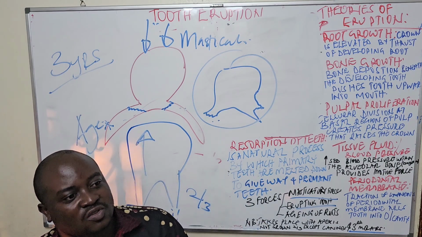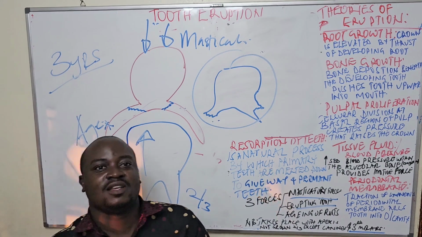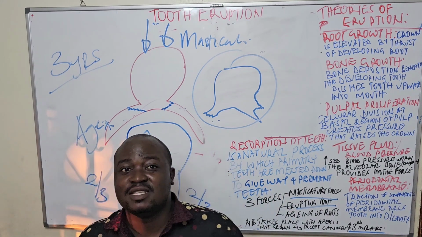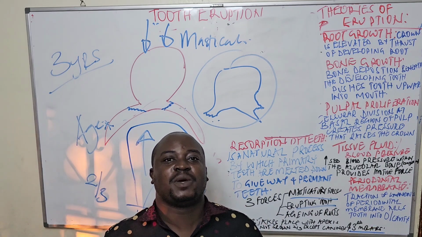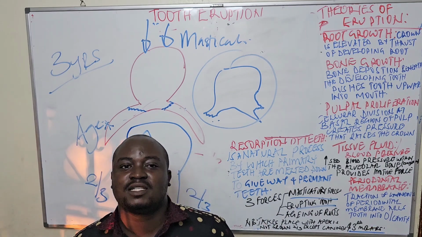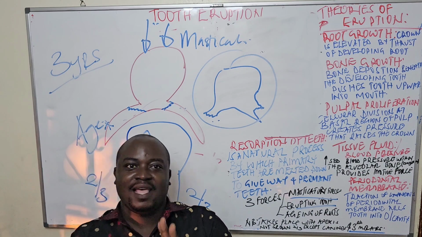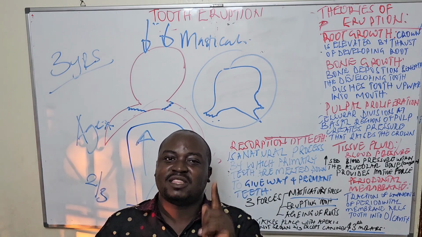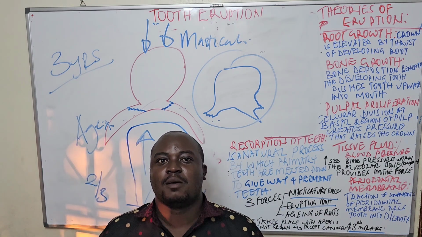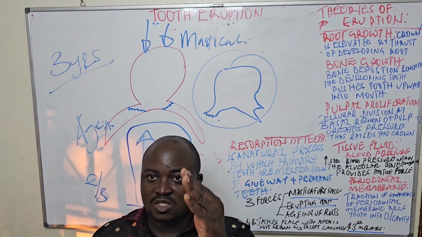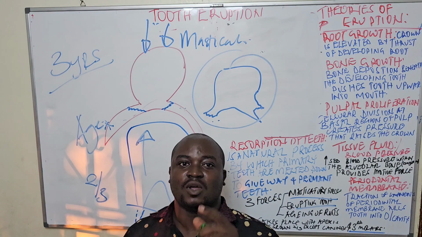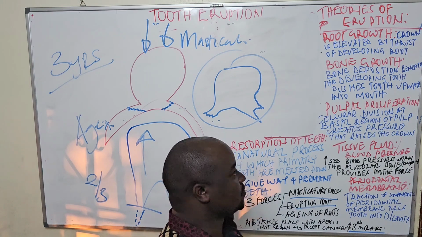If a tooth has appeared at 7 years of age, it means at 10 years is when we shall expect the fully mature root. It may appear in the mouth with the crown, but the root is not yet mature. When we are talking about treatment of primary teeth, we shall explain more on that.